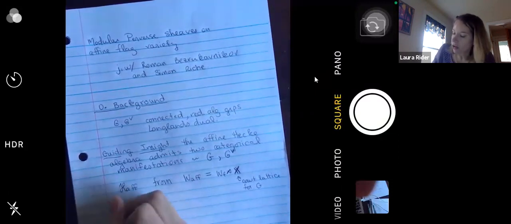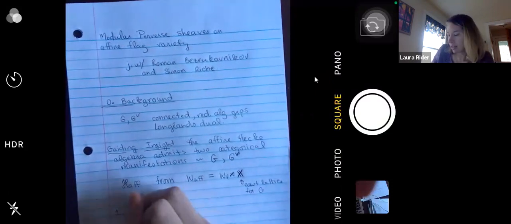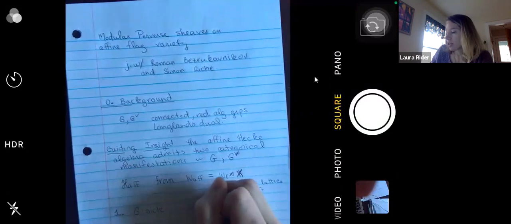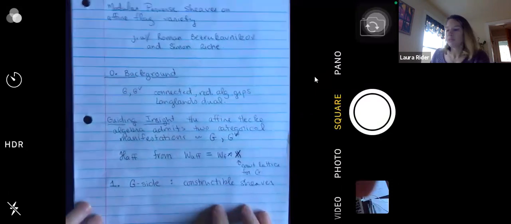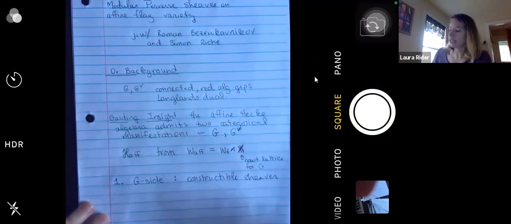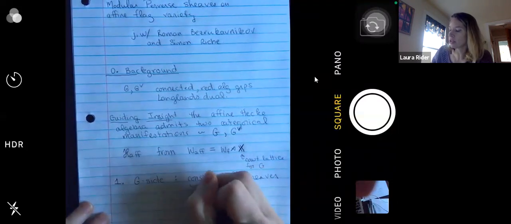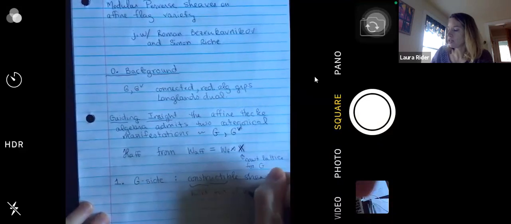good. So first I'll tell you about this manifestation on the G side. So on the G side, this comes in terms of constructible sheaves. So constructible is a fancy word that essentially means that these sheaves are built out of locally constant sheaves.